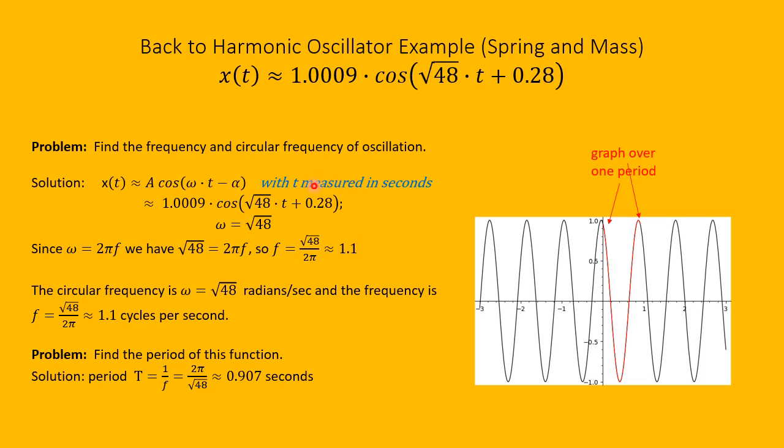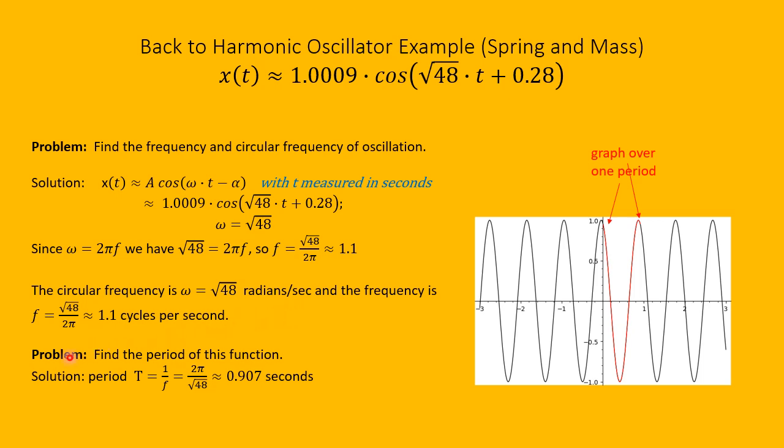So what have we found? The circular frequency omega is the square root of 48 radians per second, and the frequency is the square root of 48 over 2 pi, which is about 1.1 cycles per second, the same as 1.1 hertz.